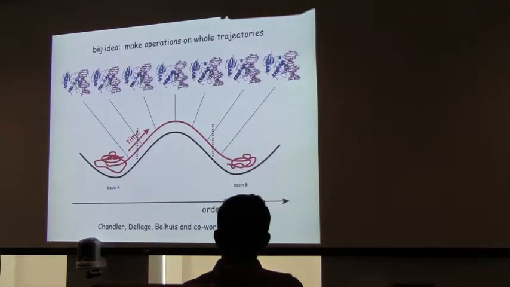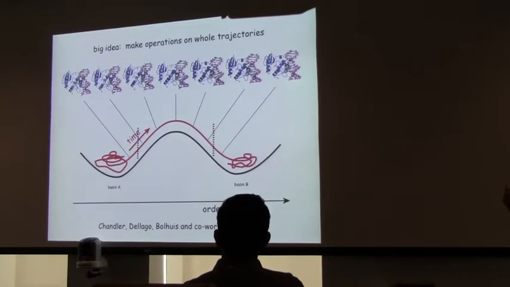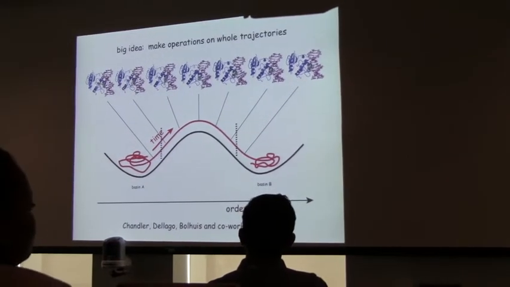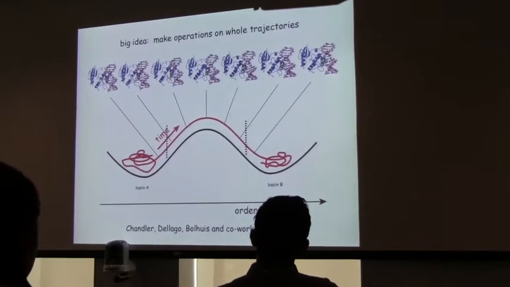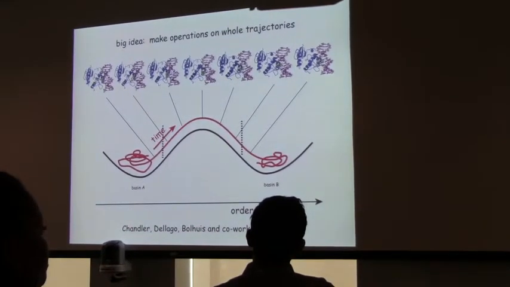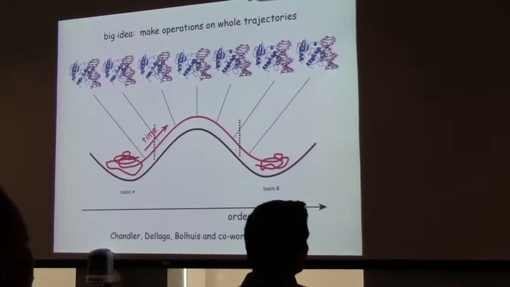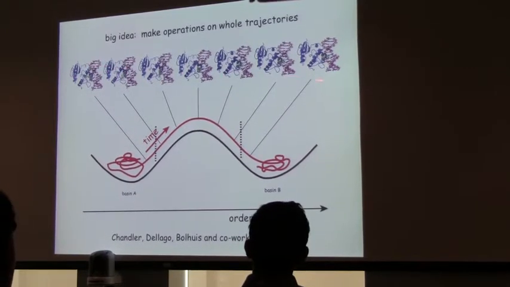Okay, so the real big idea that emerged in the late 90s is that rather than starting off in the reactants and just marching forward in time, running a direct molecular dynamics simulation, what you want to do actually is deal with the whole reaction path at once, in essence.